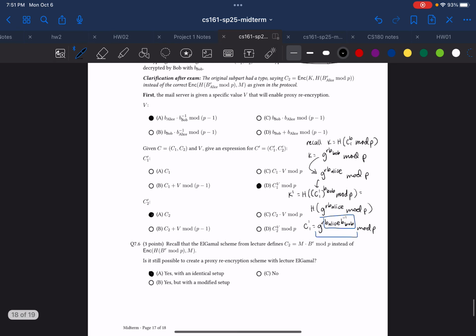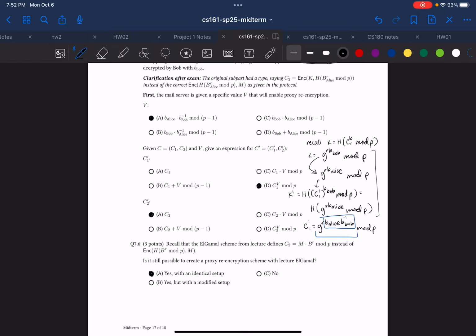because the intuition behind this is that all of the manipulation that we had to do was with the definition of our key. And how we define our key is the same between this variant of El Gamal and lecture El Gamal.